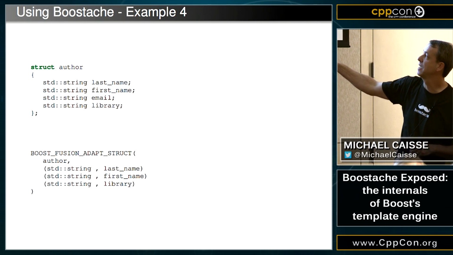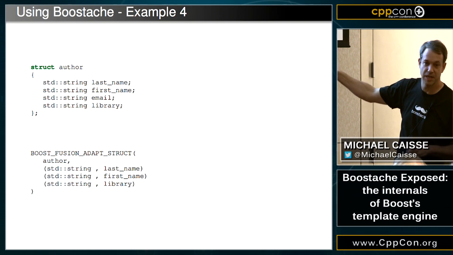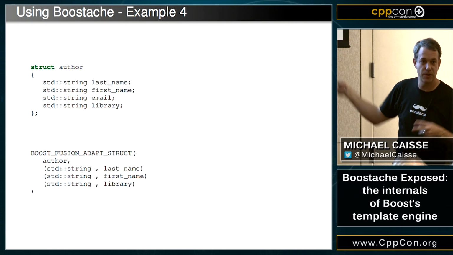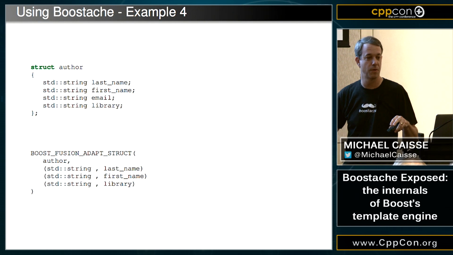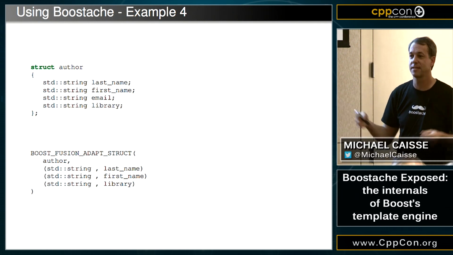So this is basically saying author has this field called last name, first name, and library that I'm interested in. I'm not interested in email. I'm interested in these three, and they're of type string. And under the hood with some template magic, it's going to create a tuple of references to those types so that I can access them later.